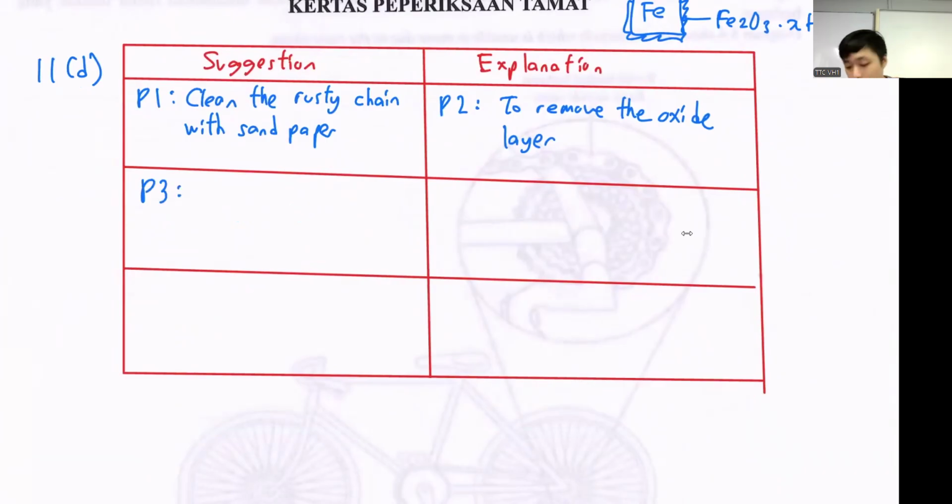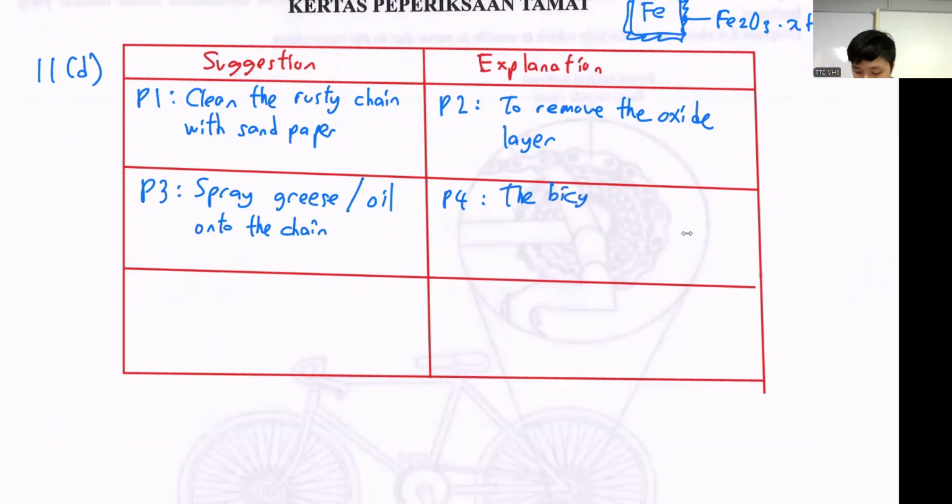Or what else can you do? Yes, this time you say spray some grease. You can say grease, you can say oil, onto the chain, so that the bicycle can move smoothly. No more noisy sound, right? Normally a rusty chain also produces a lot of sound.